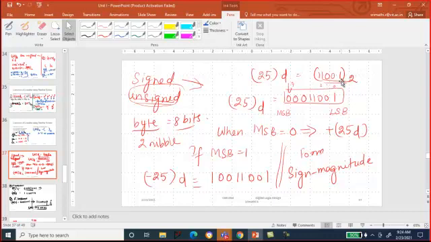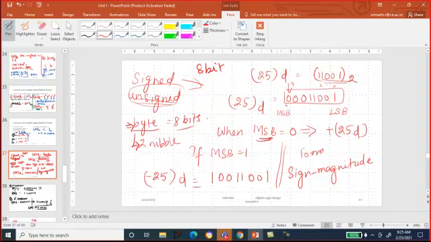As I said already, we will be writing any number as a combination of 8 bits. 8 bits is said to be a byte, and 4 bits is said to be a nibble. So a byte has 2 nibbles.